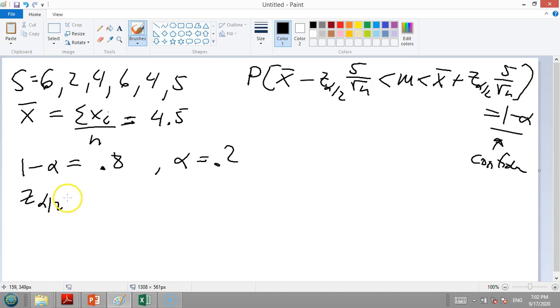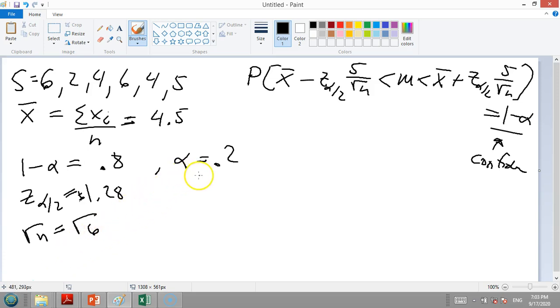It was 1.28, if I remember right. These are the cutoff points, so plus minus 1.28. Then what do I need? I need S. So square root of n equals, there are 6 numbers, so square root of 6. This is the amount of numbers.